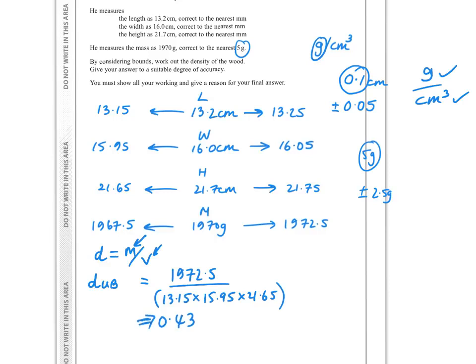So 0.4343828506, and then if I do the lower bound, that's going to be the least mass, so 1967.5, and the most volume, so it's just all of these numbers here.